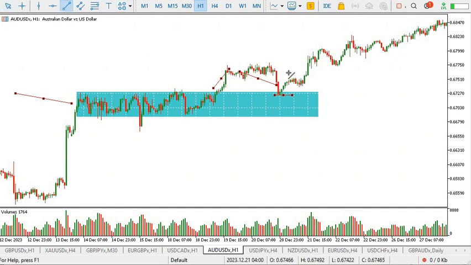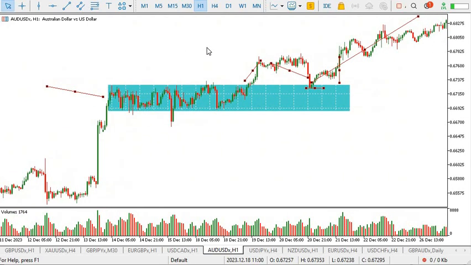So this was the point where we would have taken the entry, and our initial target would have been this much, and later we can target the previous highs once it breaks to the upside.